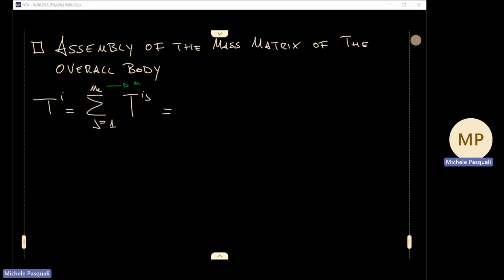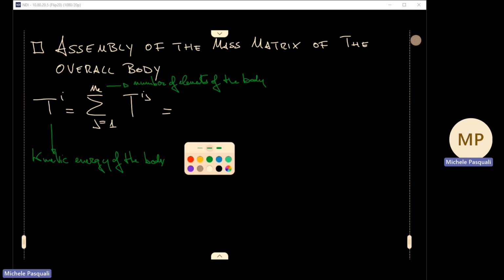This is the number of elements of the body. This is the kinetic energy of the body. Well, this can be written kind of easily.